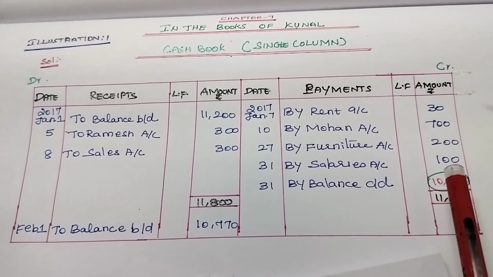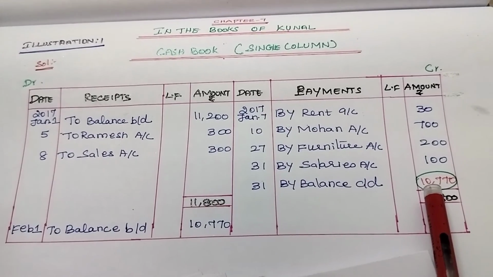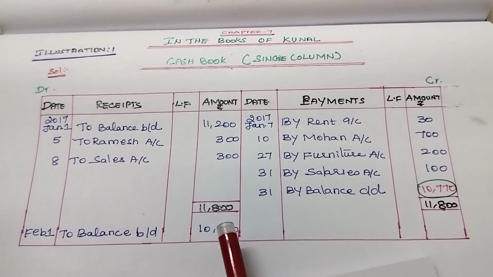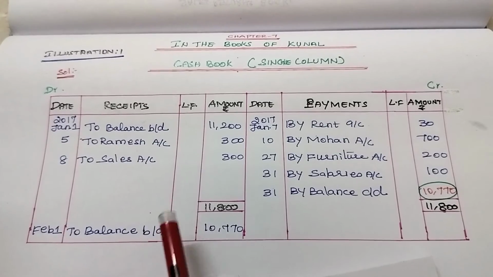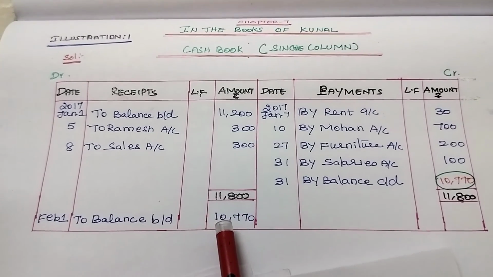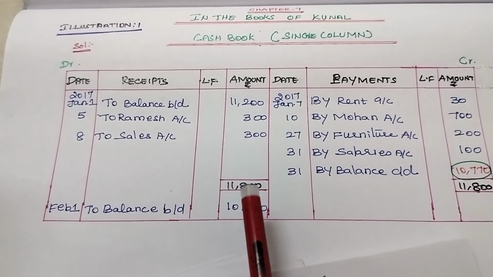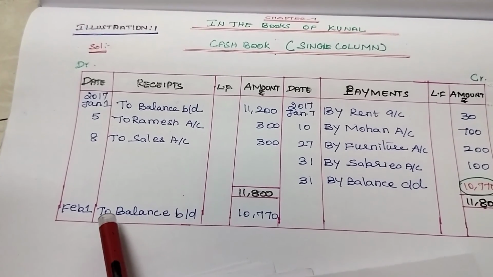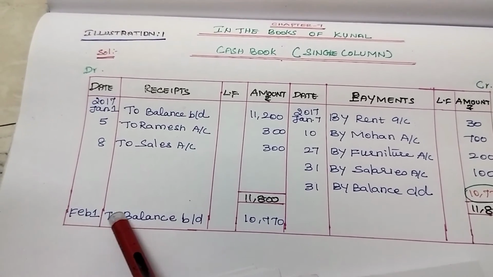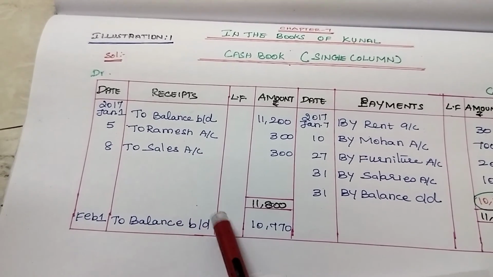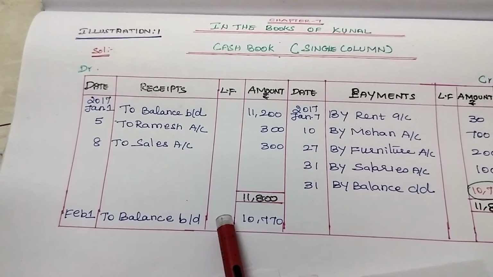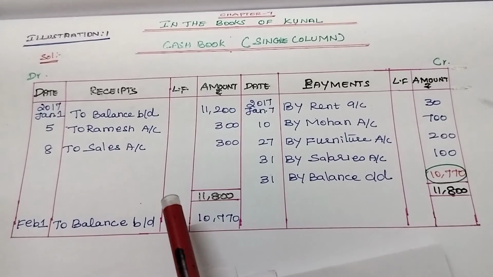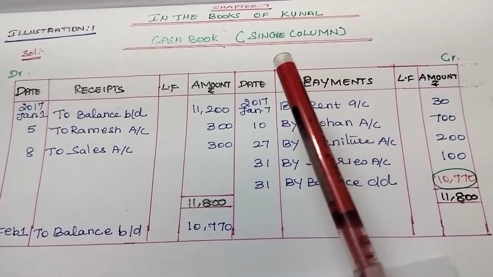Then the difference amount is brought down to the opposite side, below the total. Against this you write To Balance brought down, February 1, the next accounting period. This is the opening balance of the single column cash book. So we have prepared the single column cash book.